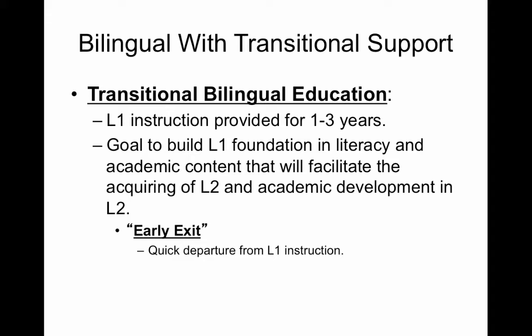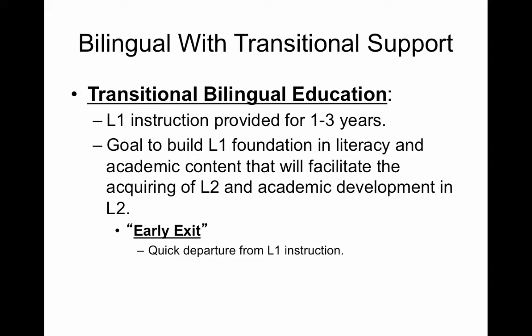In this transitional bilingual ed program, it builds students' English skills and uses their first language to guide that English development. Transitional bilingual education models are the most widely used program, not only in this city but also around the country.